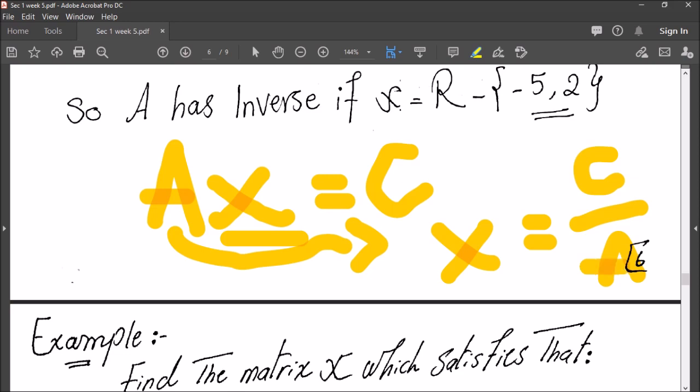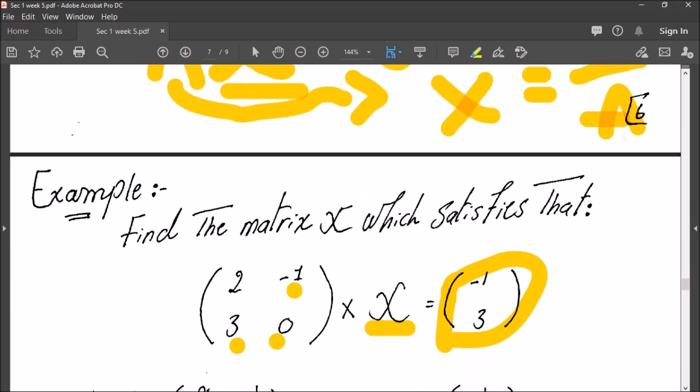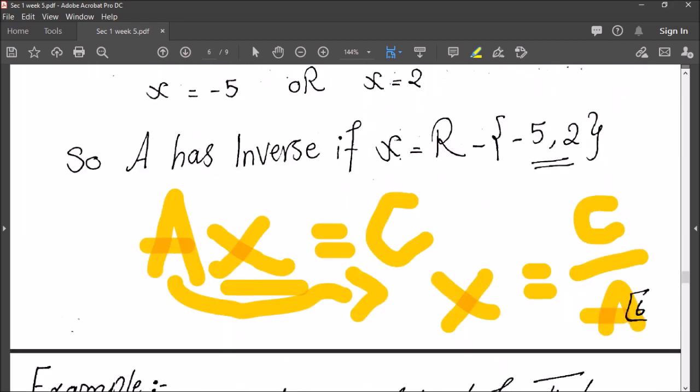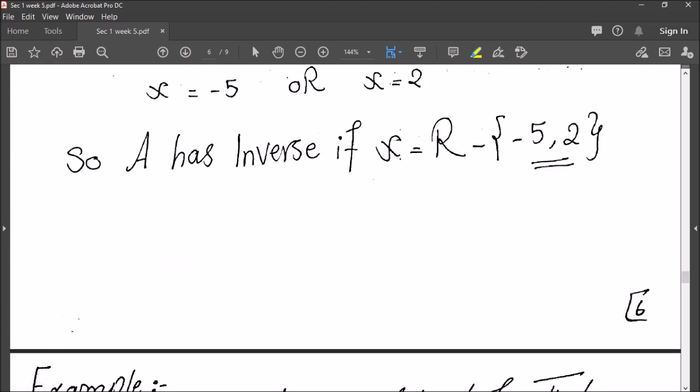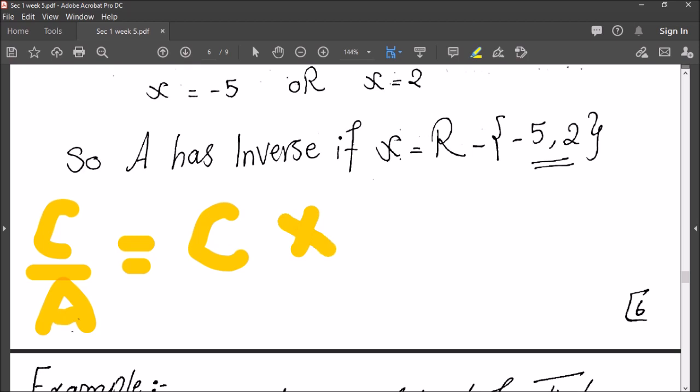But c over a, c divided by a, is equal to c multiplied by a inverse, a to the power of negative 1.